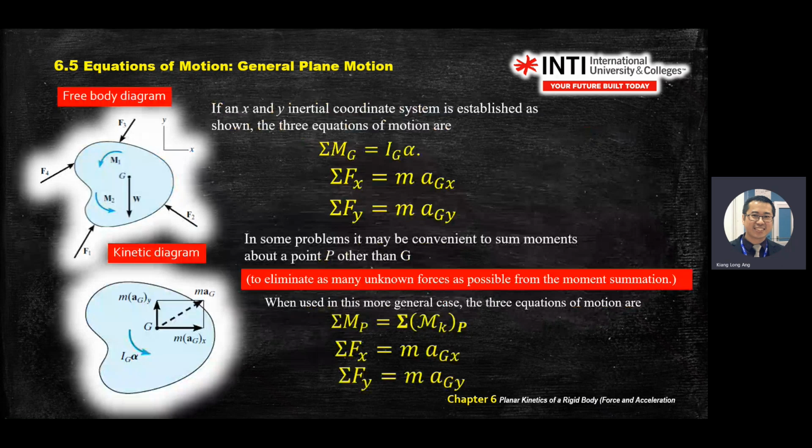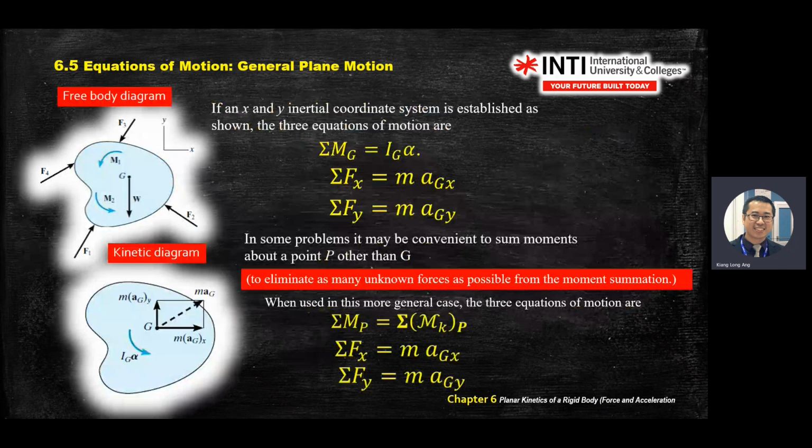If you focus on G and still cannot find the answer, then you shift to another point and see how to solve. Because sometimes when you focus on point G, everything is zero. You cannot see all the forces, because the moment is there, the force is there. But if you shift to point O or another point, you'll see the moment come out. That's where this statement comes from.